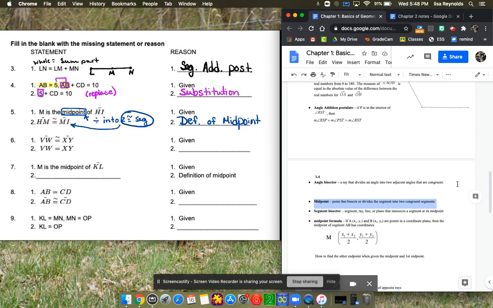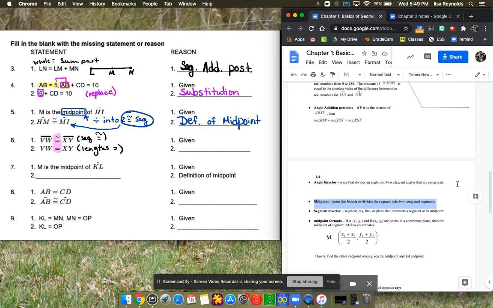Problem 6. When we look at problem 6, the change up between these is that I have a congruence in the first part and an equals in the second part. I have a segment in the first part, so I have segments congruent, and then I have lengths equal.